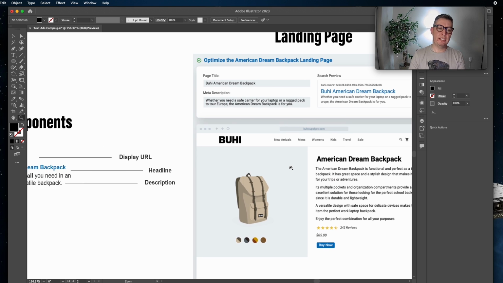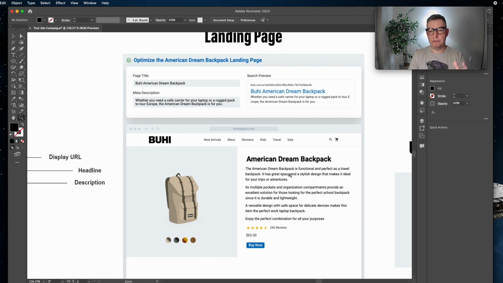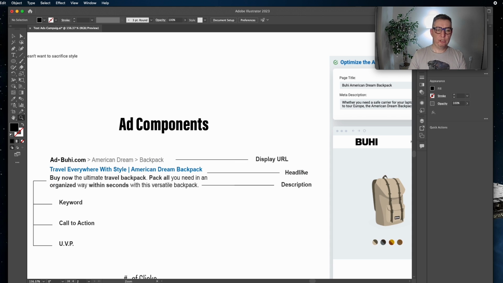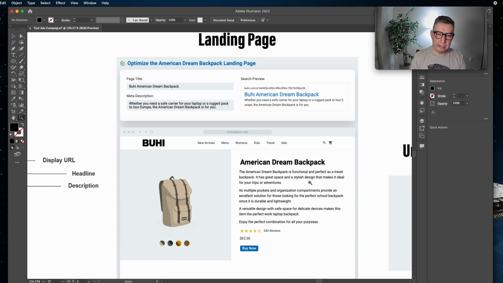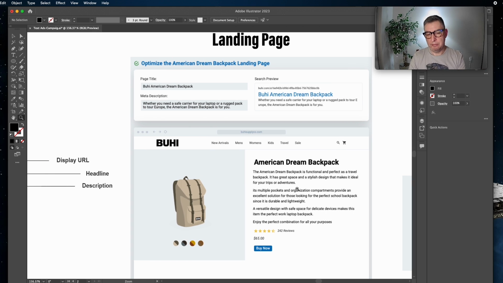Okay, so if you are promising 20% off on your ad, and once they land on your landing page, they don't see that, that could be misleading people, and they will feel frustrated and abandon. If you are offering a backpack that works pretty well for travel, and they don't see that information here, it doesn't make sense for them to continue with the navigation, so they will abandon. So whatever you are offering on your ads must have content for that here as well.